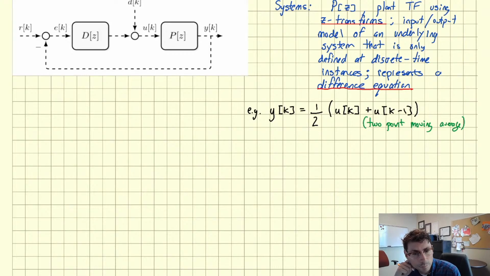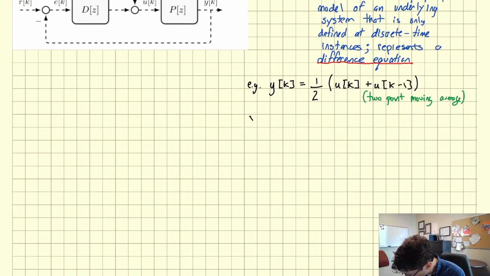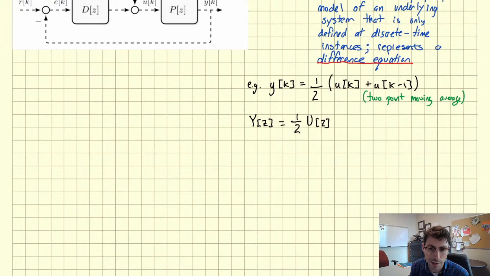Okay, so that system is a linear difference equation, and it has an input-output or transfer function model as well, and you obtain that by taking Z transforms as opposed to Laplace transforms, again assuming zero initial conditions. So what this looks like if you go to the Z domain: the Z transform of y of k is y of z. The Z transform of u of k is u of z. And then in the Z domain, going back in time by one index is equivalent to multiplying by 1 over z.